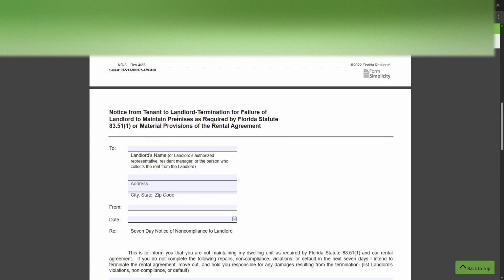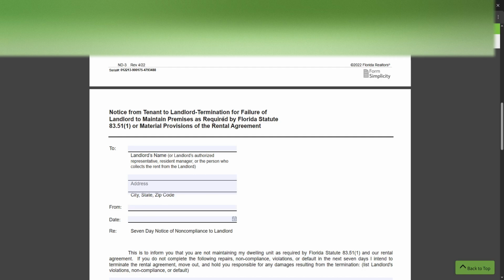Like in our previous video, which talked about the tenant notifying the landlord that they were withholding rent, in this video, this particular document is the tenant notifying the landlord that the tenant is going to terminate their lease because of the landlord's neglect for not maintaining the property, not doing the required repairs, or other violations that were agreed upon in the lease.